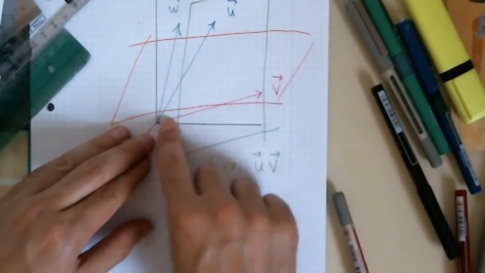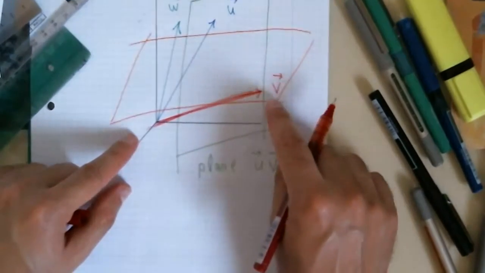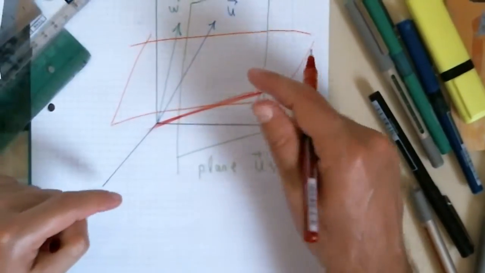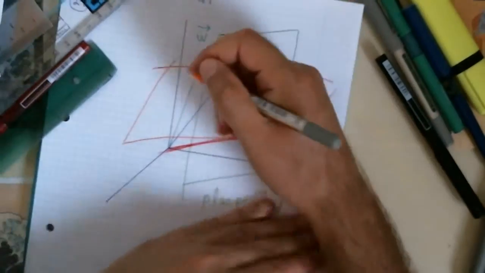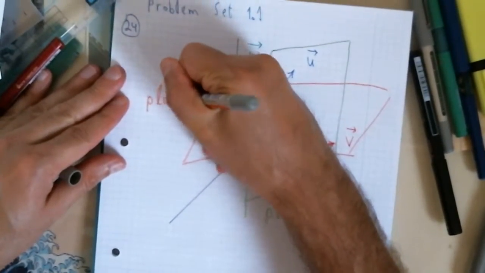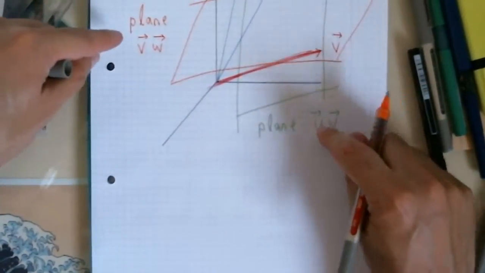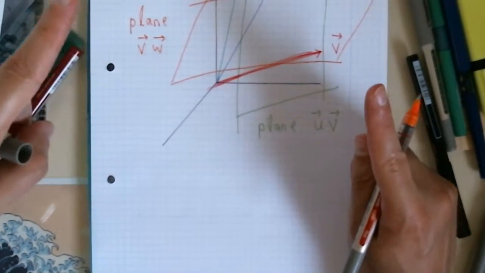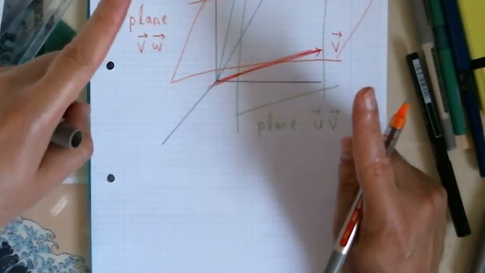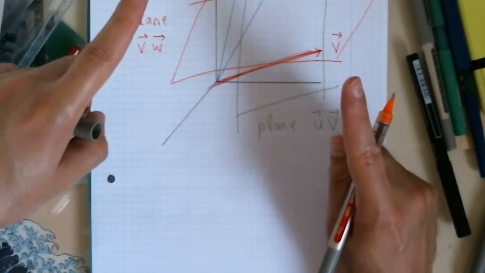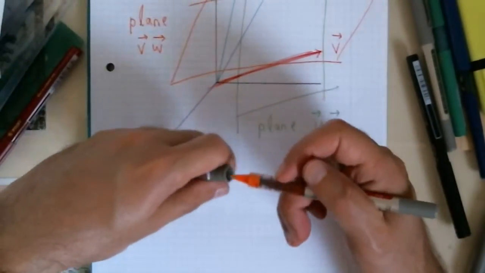You can't see it from my picture here, but it's V. This is the only vector that is common to both plane UV and plane VW, because they both contain V, and there can be only one line that is common to both of them. They intersect in only one line. So it's this line V, which is common to both of them. This vector, this line.